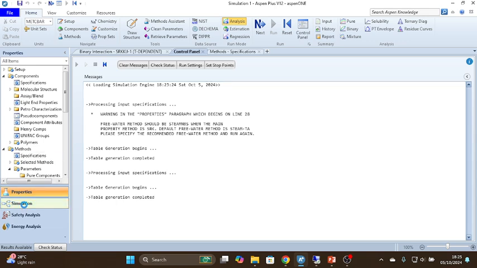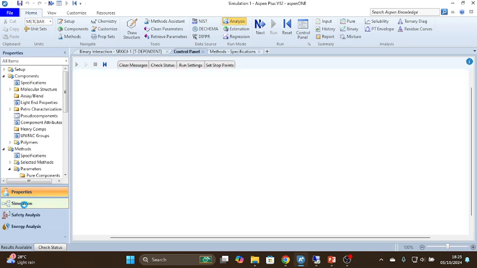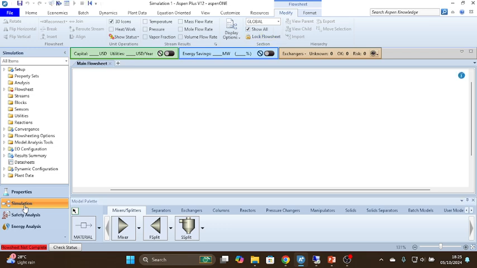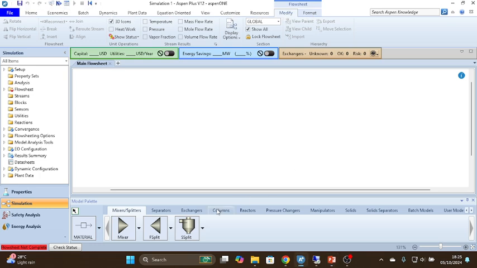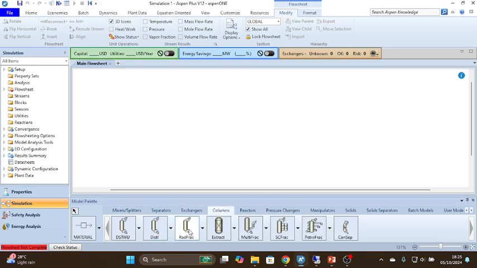Now coming to the simulation environment. So the column that we have to choose is RadFrac.